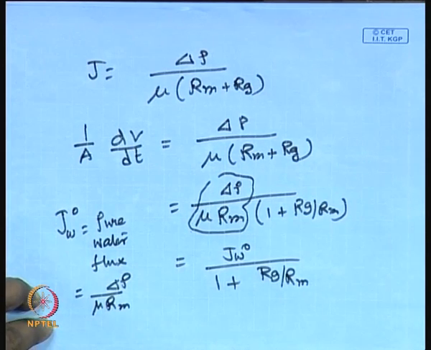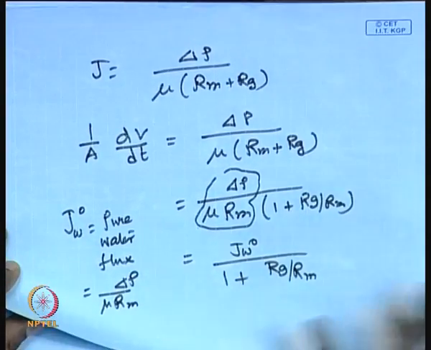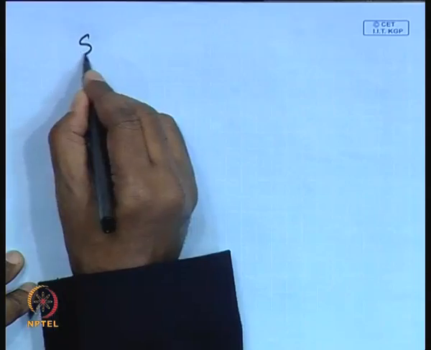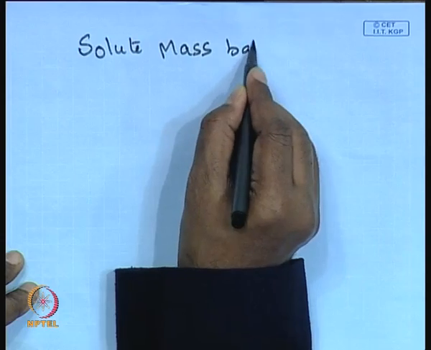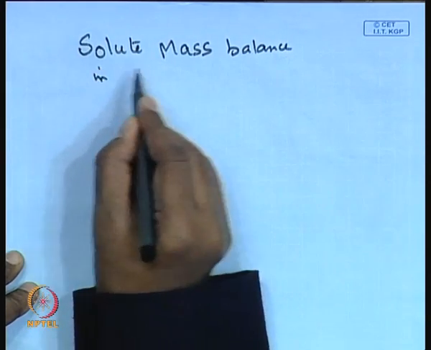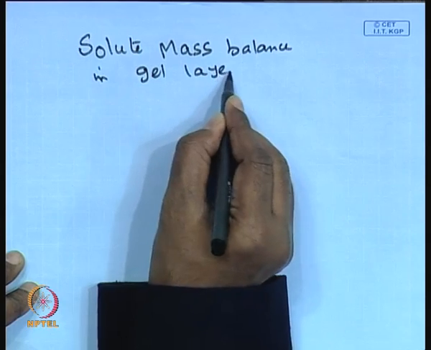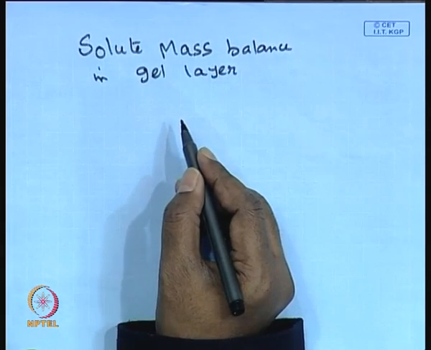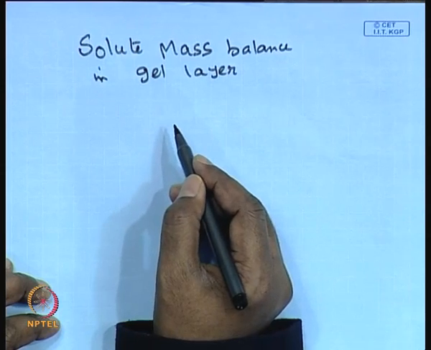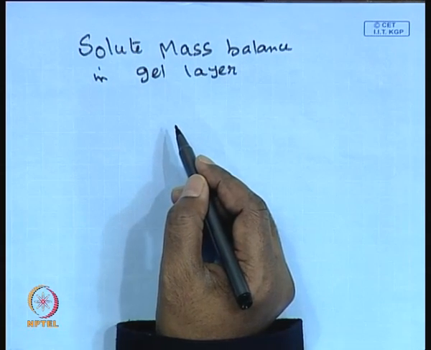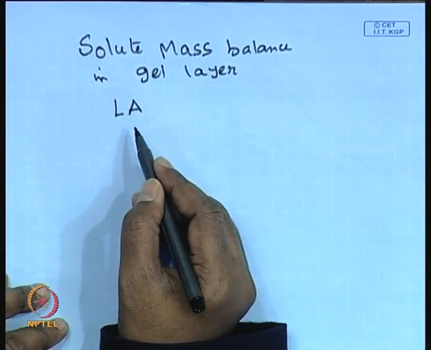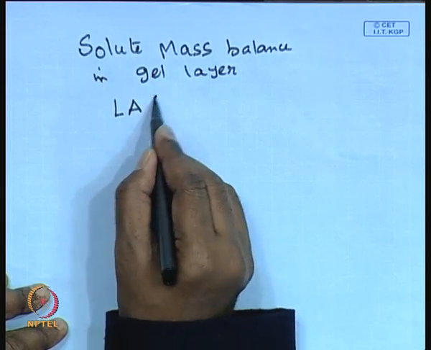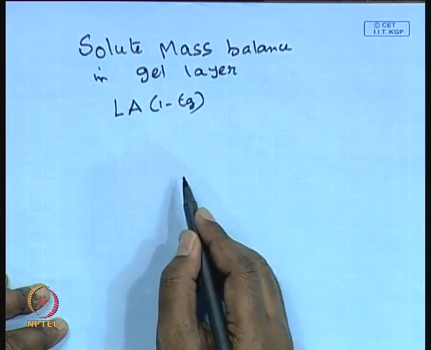Now, once you write that, then you can do a solute mass balance in the gel layer. What is that? That means at any point of time, what is the mass of the solute that is present in the gel layer? L times A is the volume of the gel layer multiplied by 1 minus epsilon g, because epsilon g is the porosity.